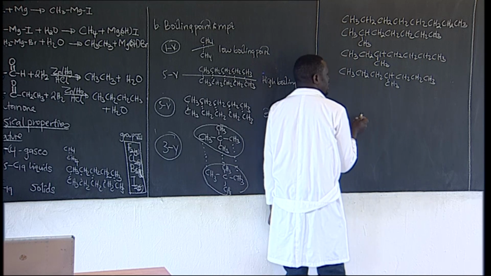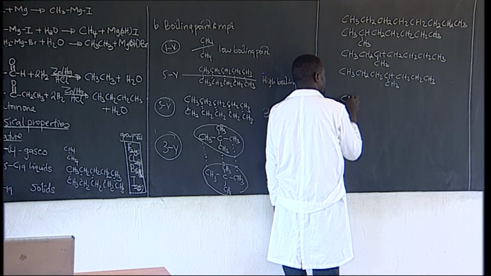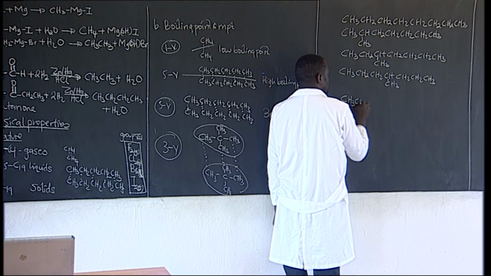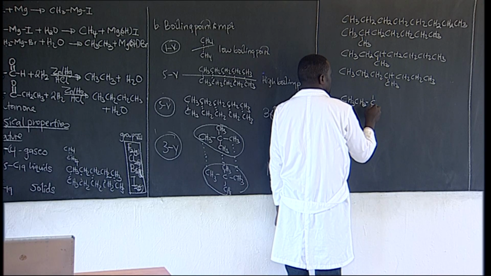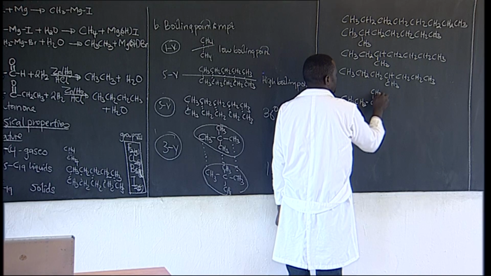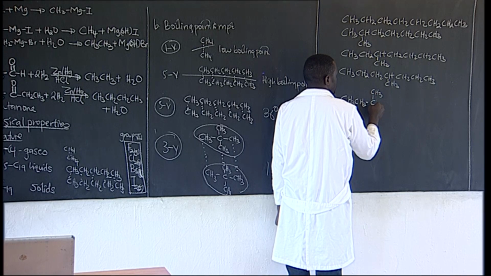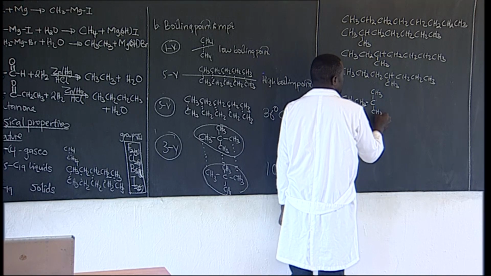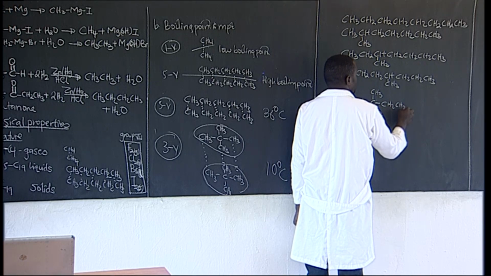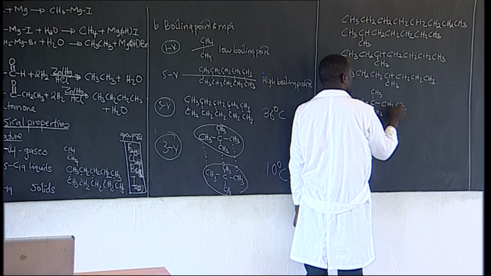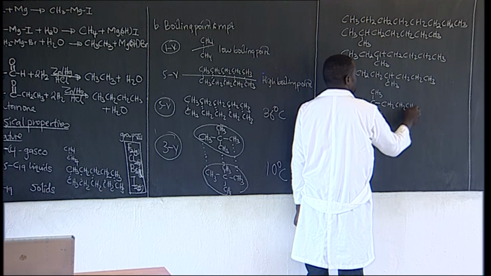So we can create other isomers which have two branches. Like for example, let me put on carbon number 3. We can do like this. Carbon number 3, CH2. So we have 1, 2, 3, 4, 5, 6, 7, 8.